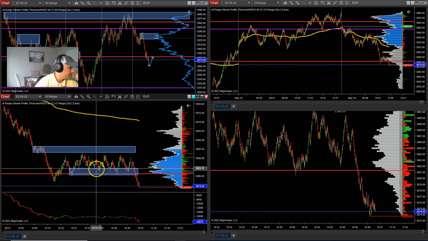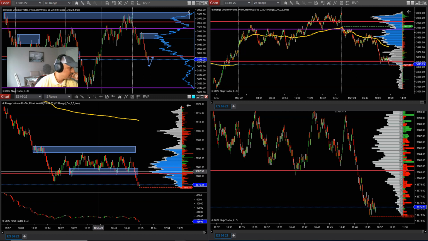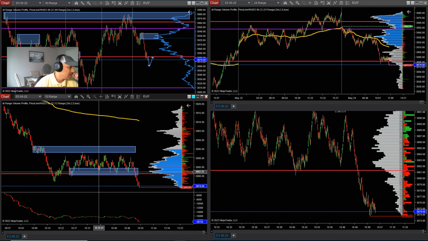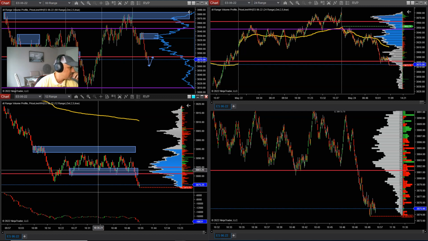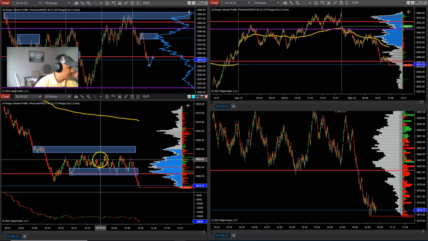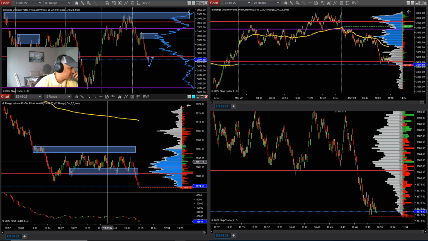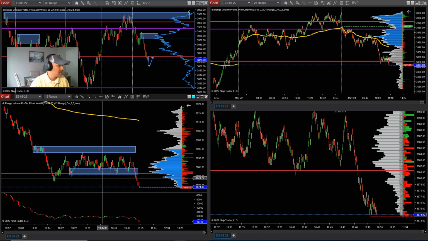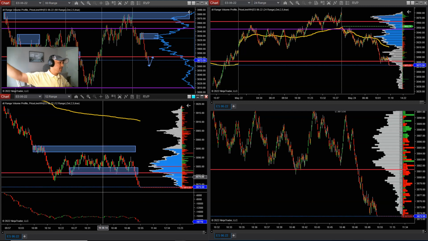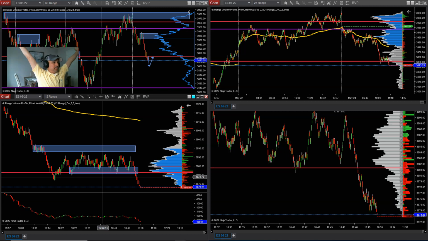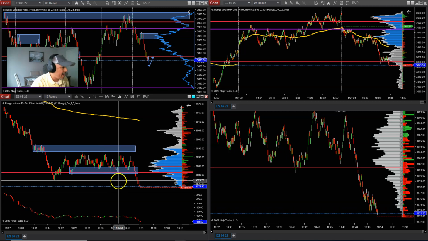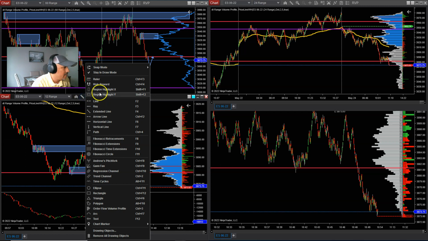Man, it's kind of iffy and tricky here. Ultimately, I may want to be looking for price to pull back to this area right here around 88, 88 maybe, if it does. So we'll see. But it could pull back right to this area right here.